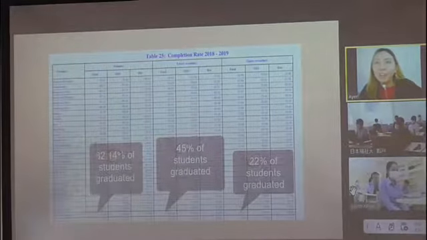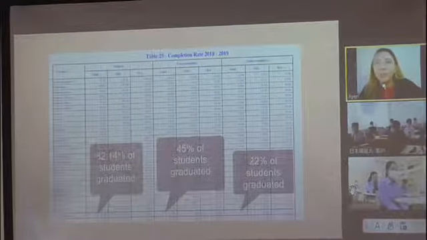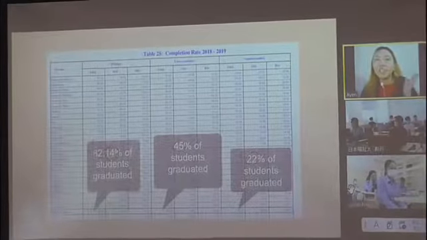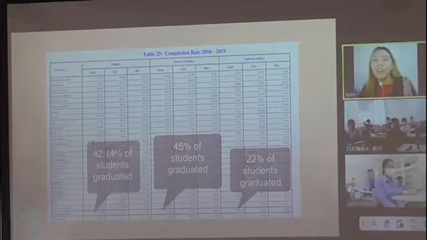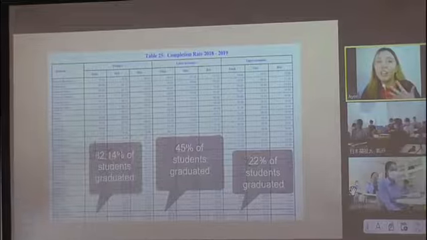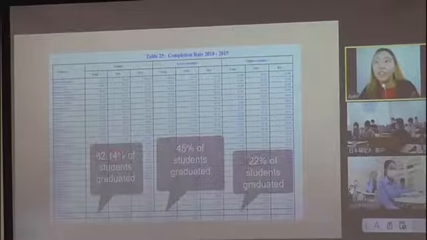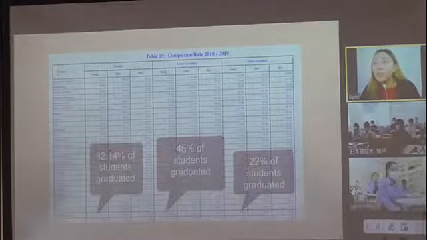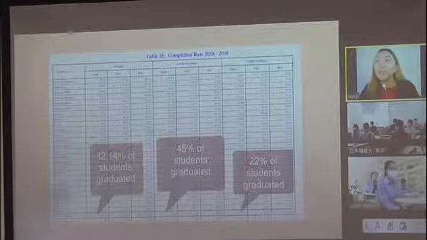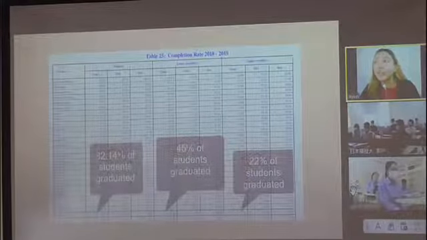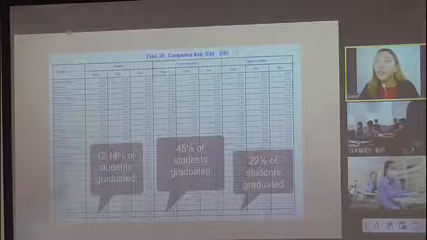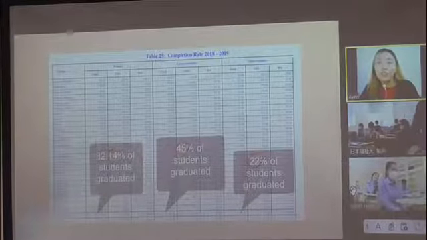Because if we include this decimal point, it is much longer. So it is not as simple and not very easy to understand. But from these two, we can only see 45% and 22%, which is much easier to know.